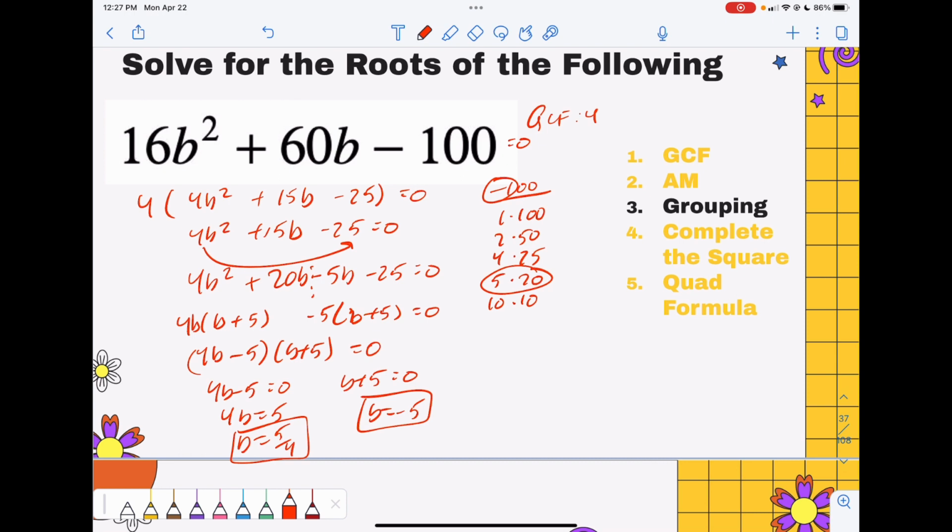So those are our two roots. b is equal to 5/4, b is equal to -5. Our y-intercept is going to be -100.